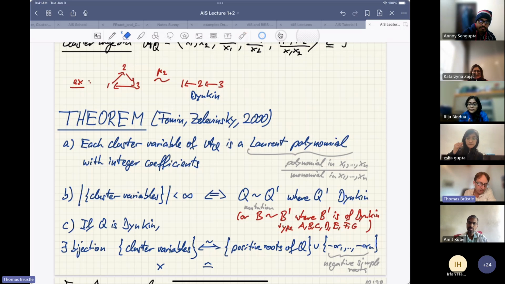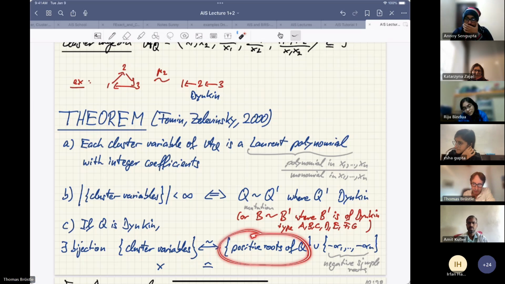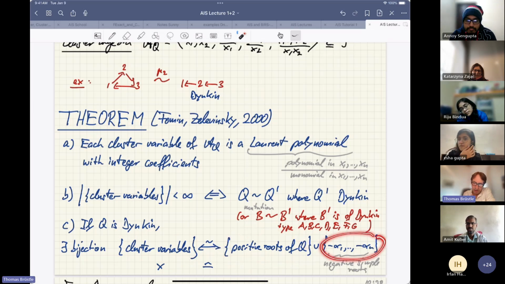Fomin and Zelevinsky observed that the number of cluster variables is the same as the number of positive roots plus the number of negative simple roots.